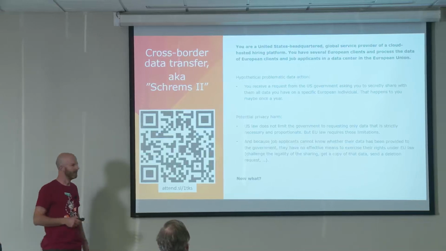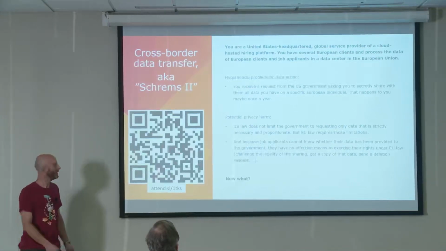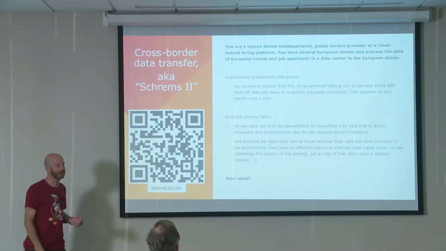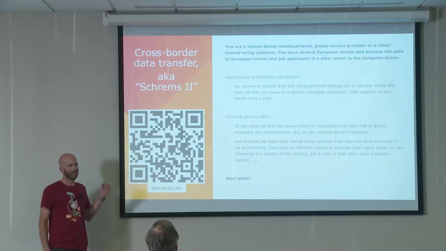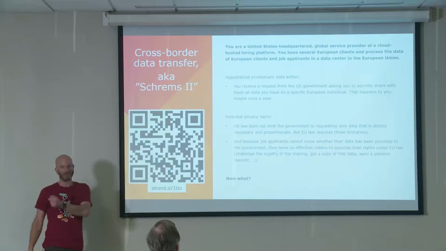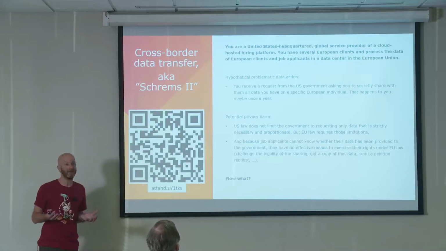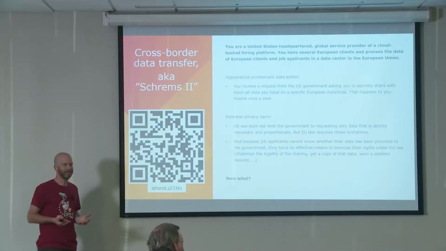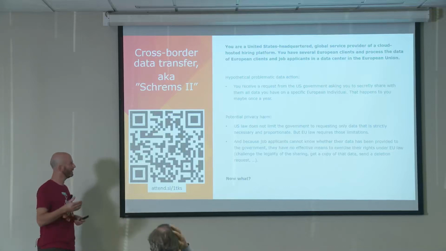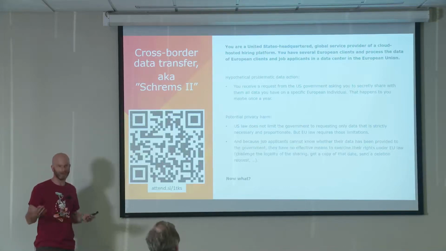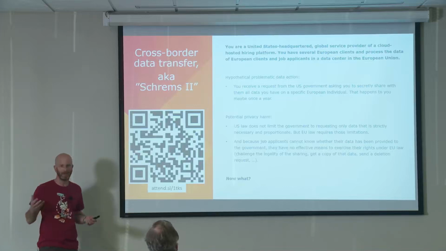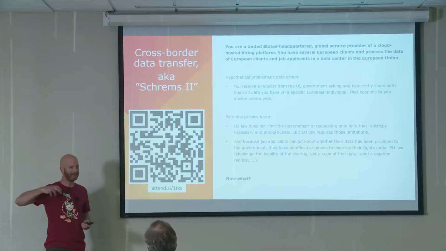And the other thing that's a problem, as far as Europeans are concerned, is job applicants whose data you might give to law enforcement or whoever, they can't know about it, right? It's supposed to be secret, and so they can't challenge that what we're doing is proportionate or ask for a copy of what you gave law enforcement.